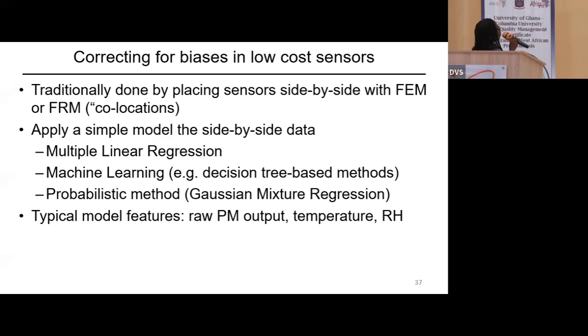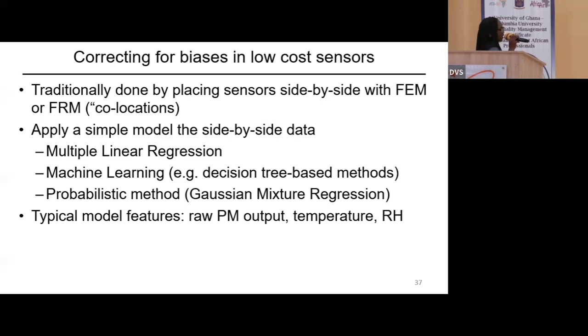You use that to calibrate and validate the data that you obtain from your low-cost sensor, calibrating it with what you have from your reference monitor, using either multilinear regression, machine learning or a probabilistic method, and carry out that validation.